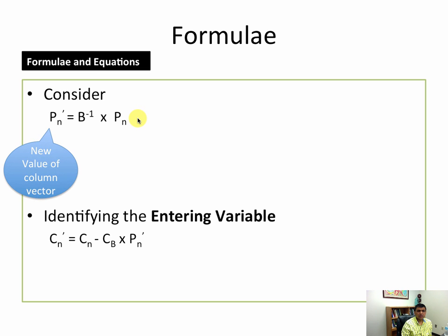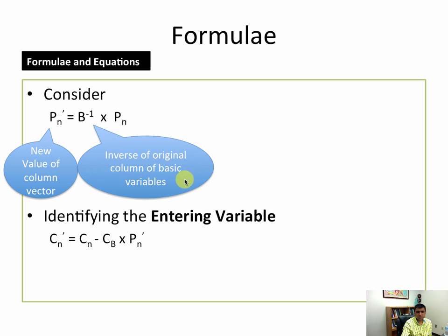If we are working with P1, then the new value of P1, represented by P1 prime, is given by the multiplication of the inverse of the original matrix of basic variables and the original value of the column vector. At this point, just consider that we will be using this equation, and as we use it, it will get much clearer to you.